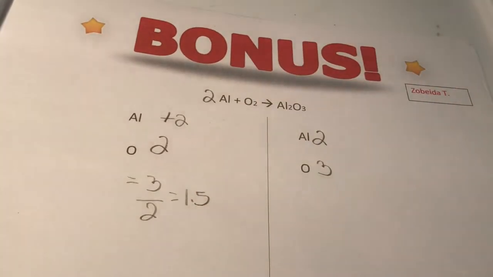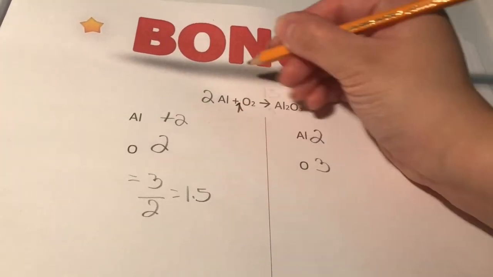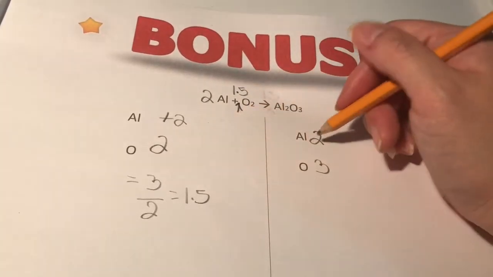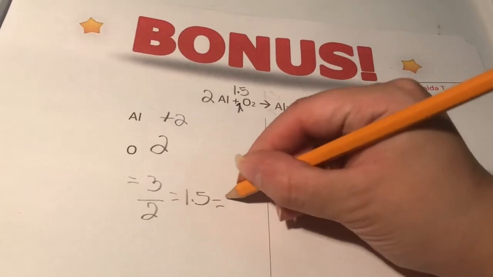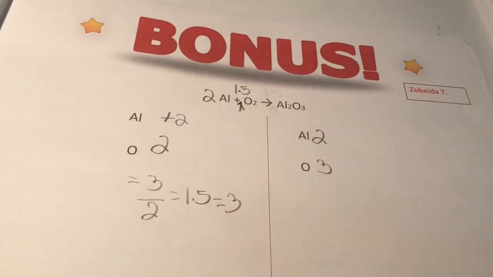That is my coefficient. I would add it to the oxygen, because 1.5 times 2, the coefficient times the subscript, gives me 3. Now everything's balanced, right? So we're done.